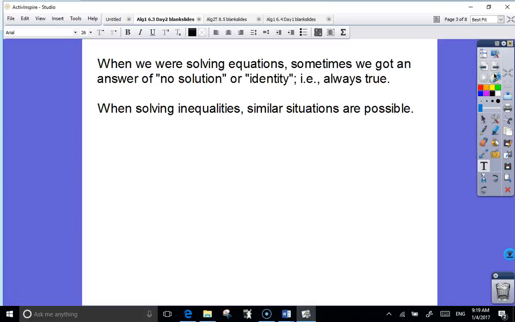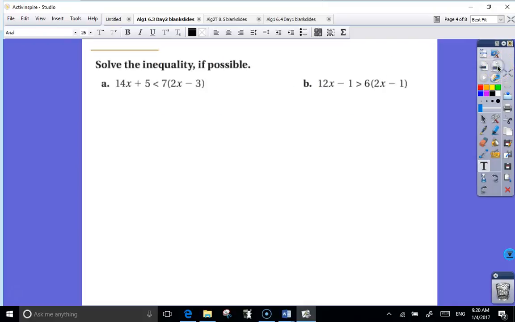Or you could solve it and get something where there's no variables left, a false statement, and you would say there's no solution. Those are special cases. So there are special cases of solving inequalities that we've got to be aware of. We will do a couple of those and see what that looks like. And that's all we're adding to what we've already done.